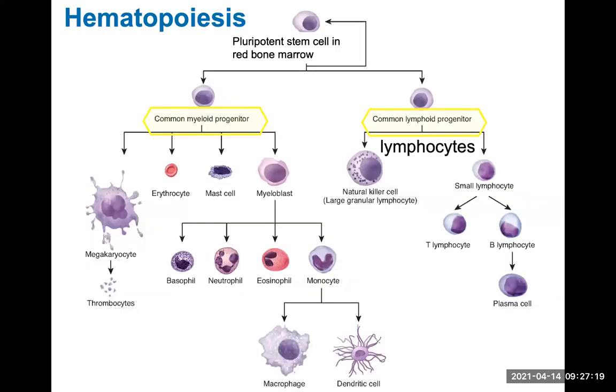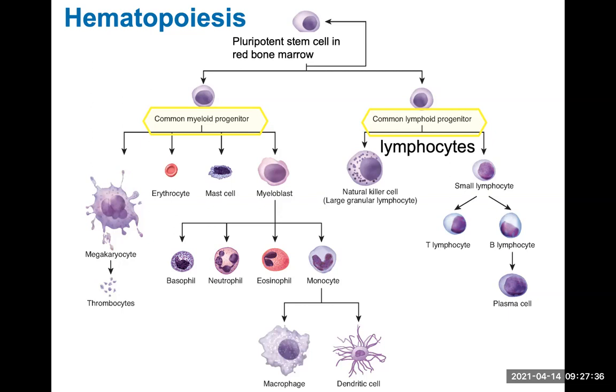And there are a few different ways you can organize the blood cells. This is showing the lineage of which cell then produces which cells.